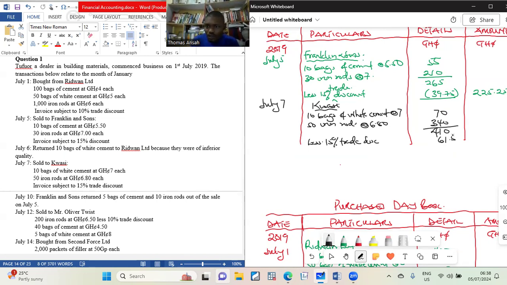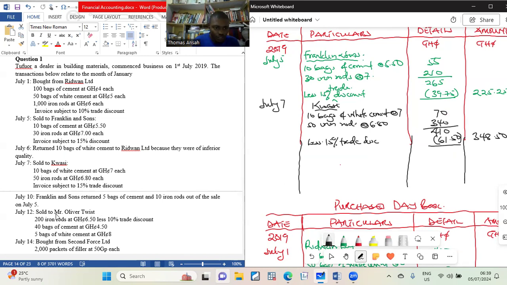So I'm taking out 61.5. That gives me 348.5. All right. So it means I need to extend this. So you see what I was talking about. You have to create more space for yourself.